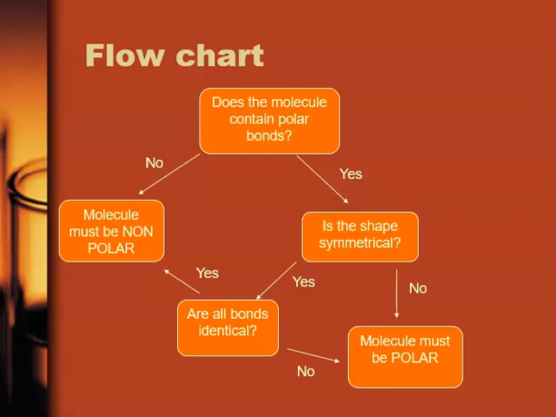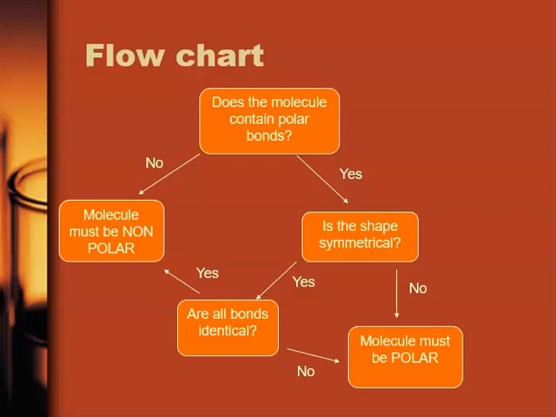If the shape is not symmetrical, if we've got a trigonal pyramid shape or a seesaw shape or a square pyramid or something like that, then my molecule has to be polar. No choice. As soon as I have an asymmetrical shape, my molecule must be polar.